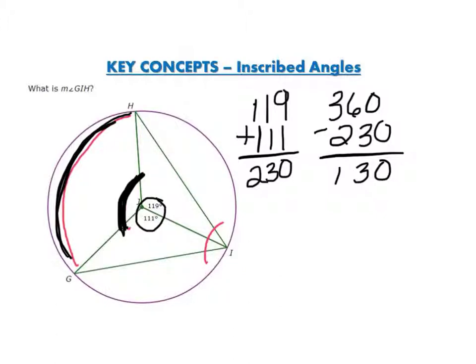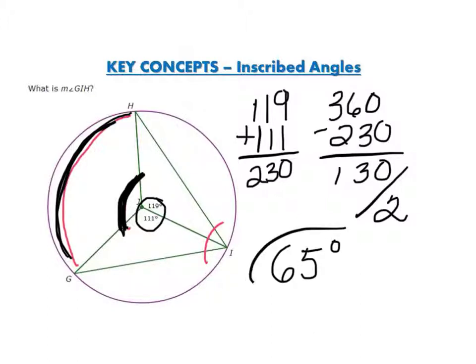Now to find the measure of angle I, I'm going to take 130 and divide it in half. When I take 130 and divide it in half, I get 65 degrees. So the measure of angle GIH is 65 degrees.